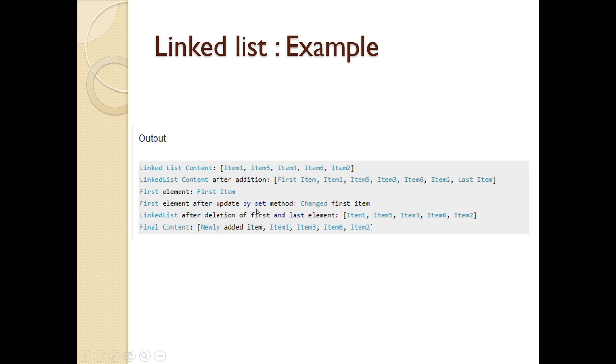Then they update it with the set method, changing the first item. Then again deletion of the first and the last, so the first item and last item go, and you are back with item 1, 5, 3, 6 and 2. And for the final content, they have added a new element called newly added item, and item 1, 3, 6 and 2. So this is the output of that example.